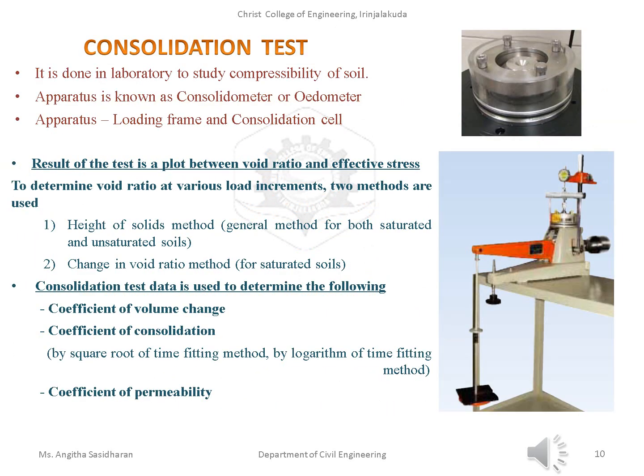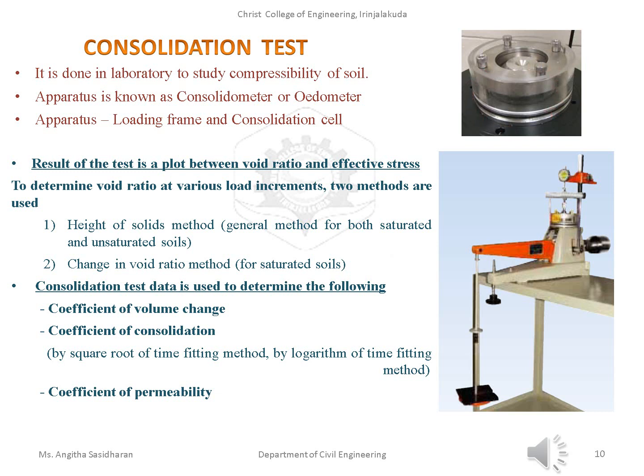Now let's see how the consolidation, or the compressibility of soil, can be studied in a laboratory. This can be done by performing a consolidation test. The apparatus used for this test is known as a consolidometer or oedometer, and it has a loading frame and a consolidation cell, which is shown here.